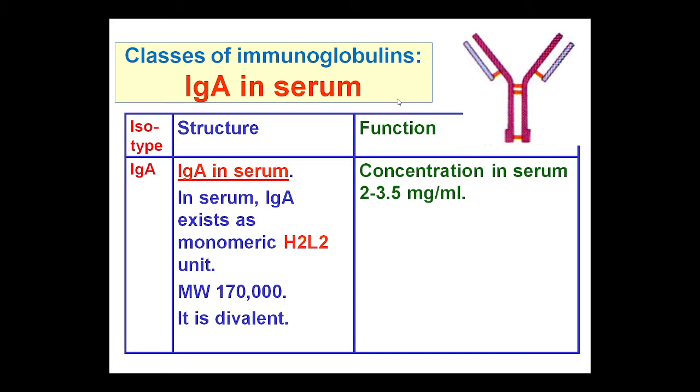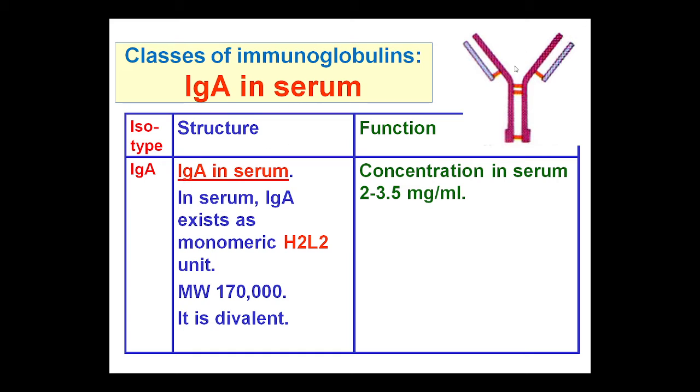Immunoglobulin A, of course, is initially synthesized by the plasma cells and secreted to the blood, and after that from the blood is transported via mucous membranes to the lumen of the intestinal or respiratory system. It means in the blood occurs serum IgA.